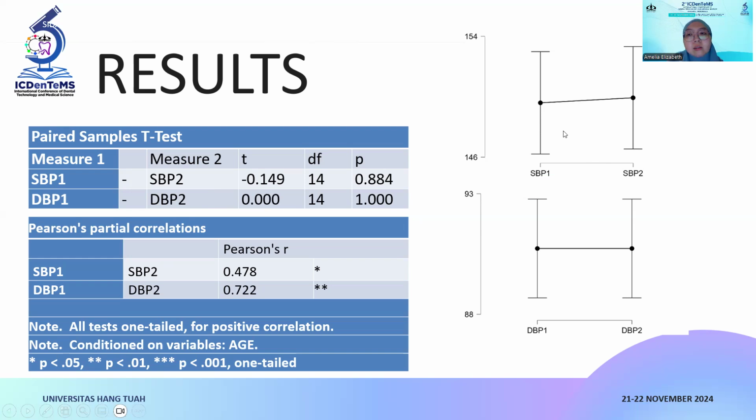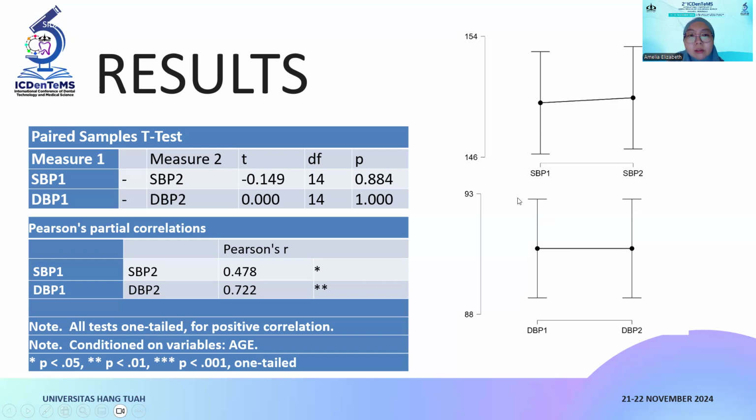As we can see on the graph, there is a slight increase in systolic blood pressure, but it's not significantly different. And also diastolic blood pressure did not increase at all. This is the same mark in here.